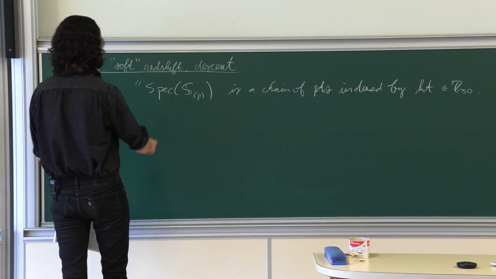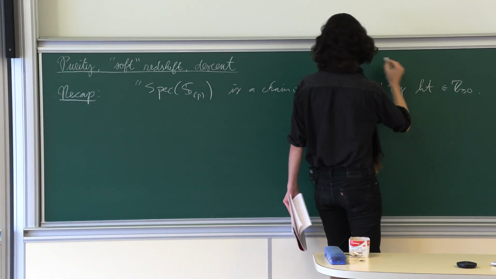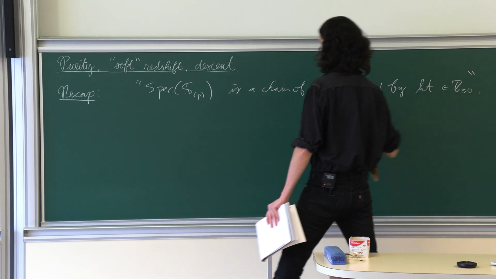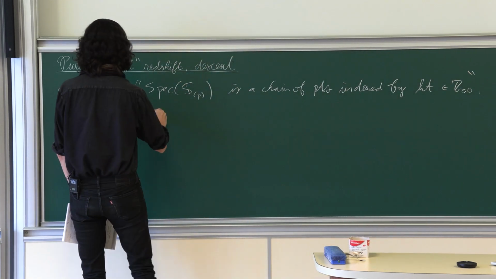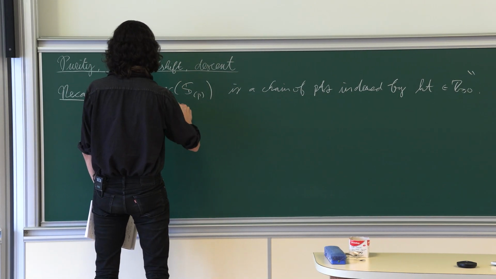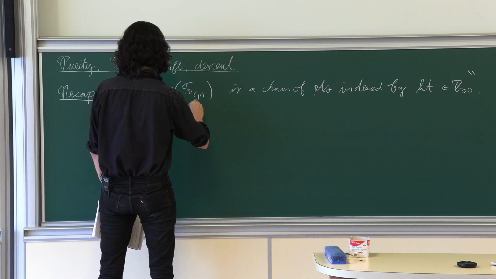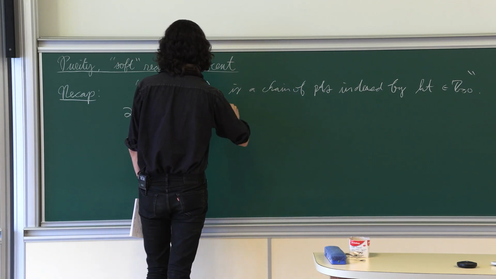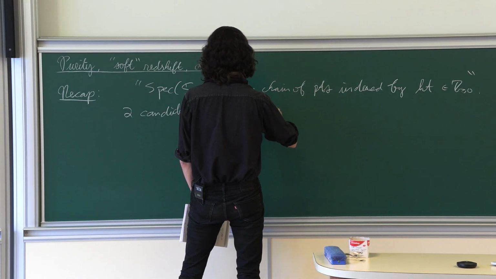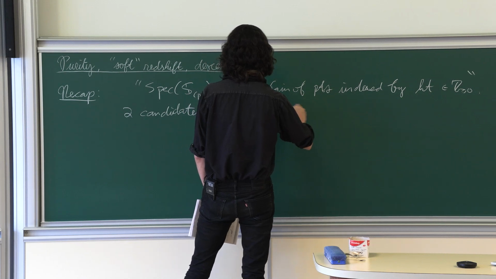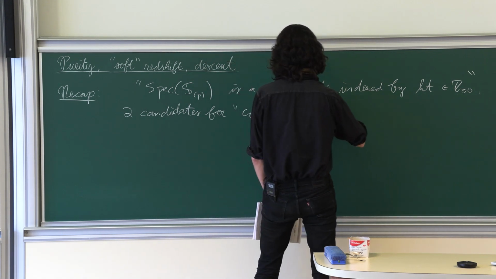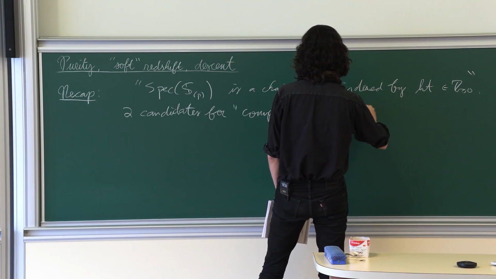And there are two candidates for what you could call the complete local ring at height n.